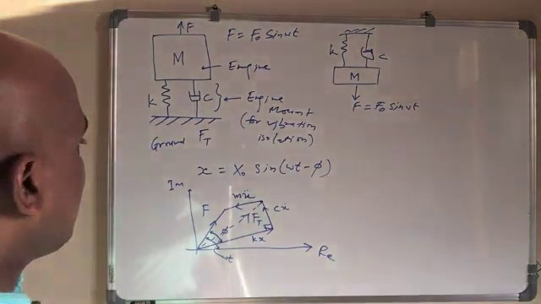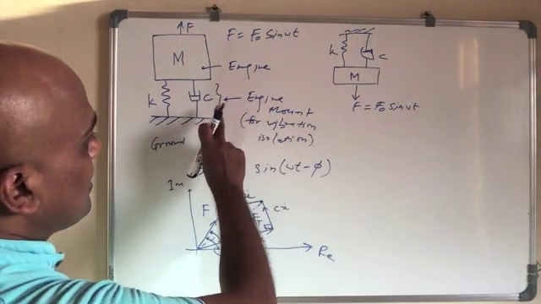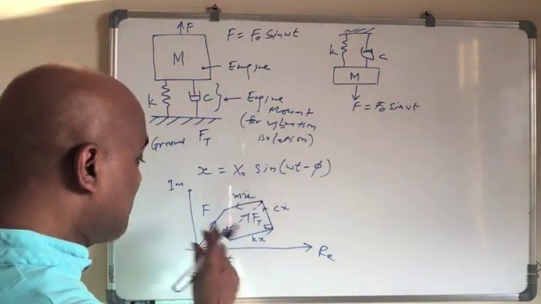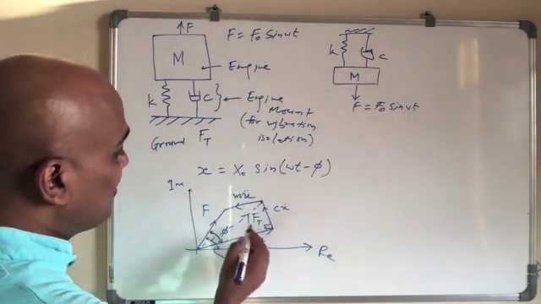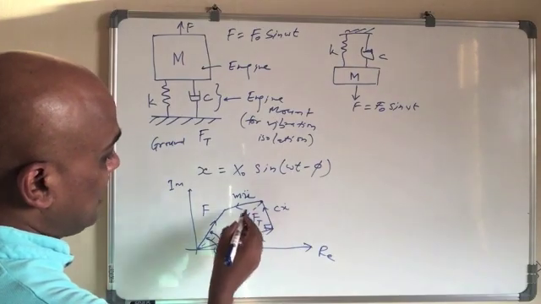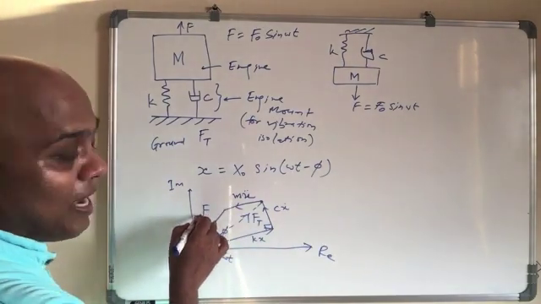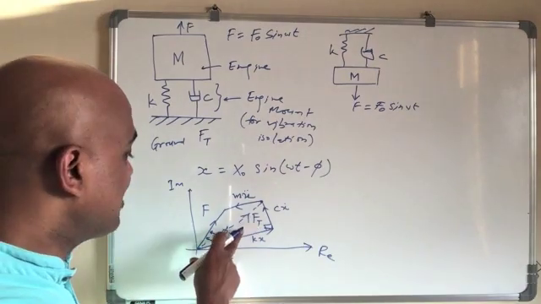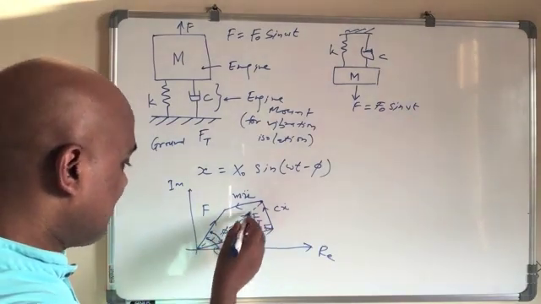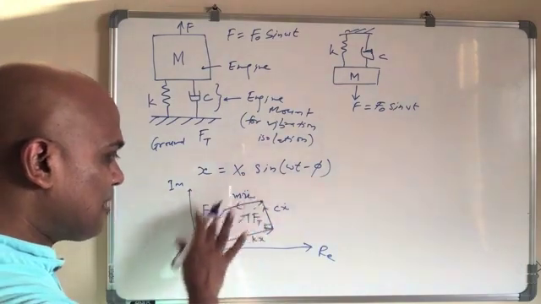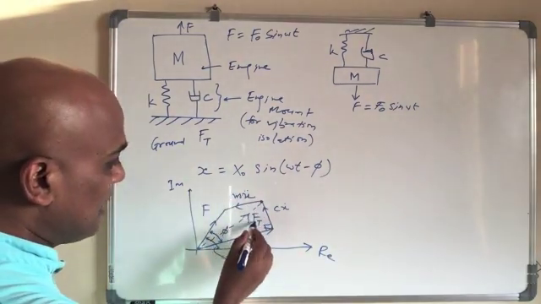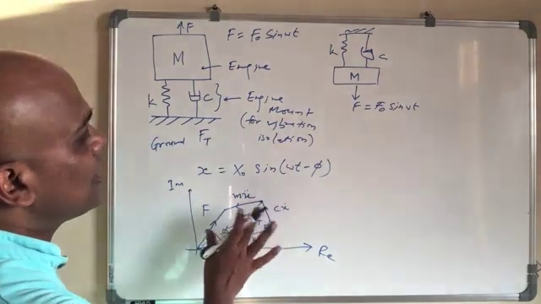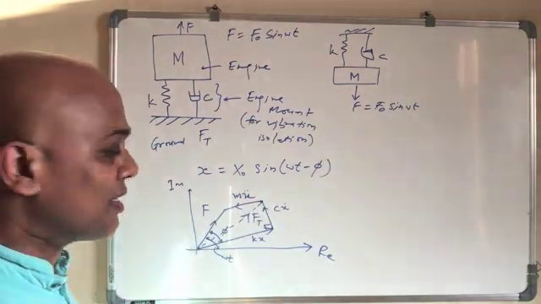So a good engine mount or vibration isolation device will be the one which has this Ft smaller than this F. Right now you see it's not. Although it is just in the graph, you see Ft looks bigger than this F. So it's not a good design actually.